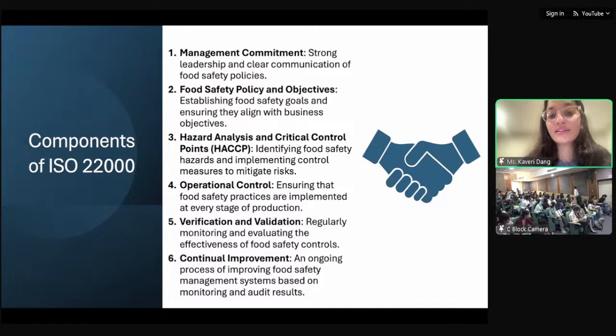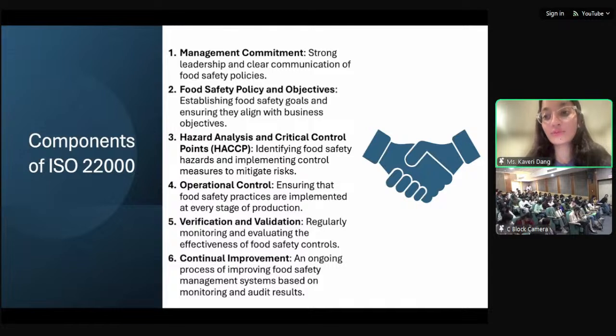And the next one is verification and validation, which means that we are regularly monitoring and evaluating the effectiveness of our food safety controls. So, by validation, you would say that if we are monitoring something multiple times throughout our production, we are validating our results.